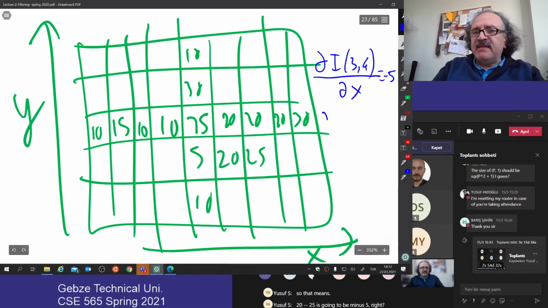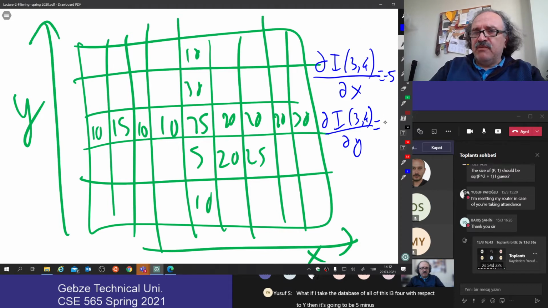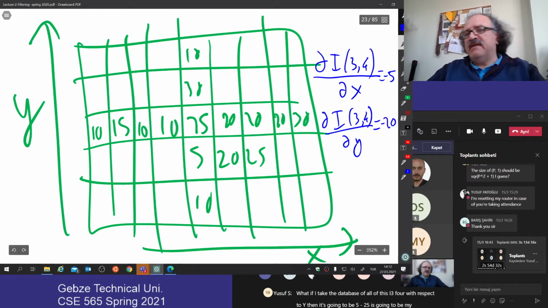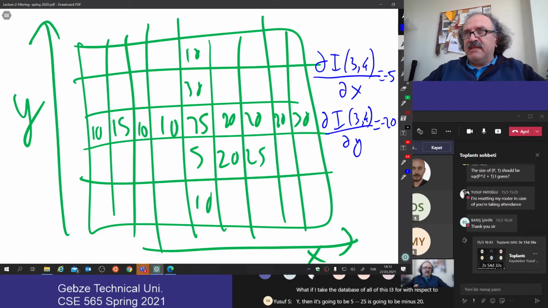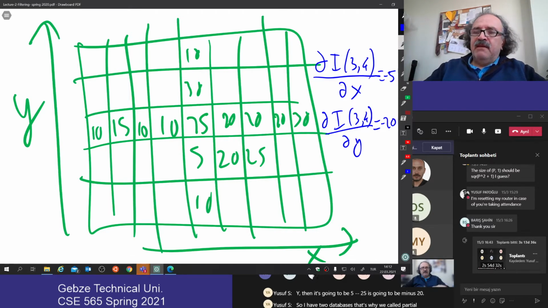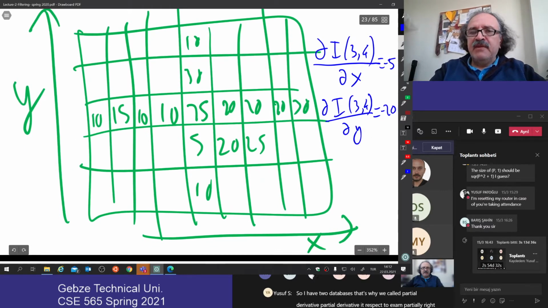But if I take the derivative of I34 with respect to y, then it's going to be 5 minus 25, which is minus 20. So I have two derivatives. That's why we call it partial derivative. Partial derivative with respect to x and partial derivative with respect to y.